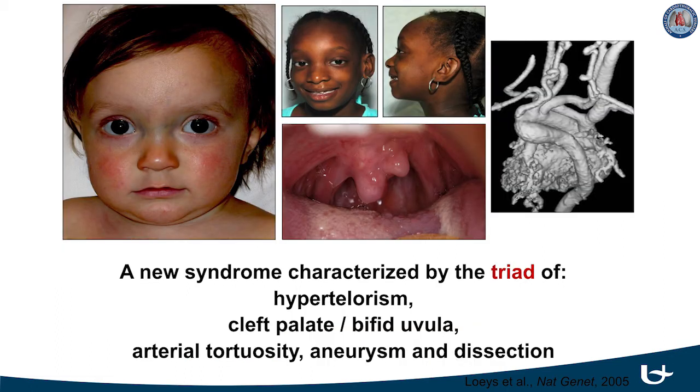Loeys-Dietz syndrome was initially described as a syndrome characterized by a typical triad of hypertelorism or widely spaced eyes, cleft palate or bifid uvula, and a bifid uvula should be considered as a minimal expression of cleft palate, in association with arterial tortuosity, aortic aneurysm, and dissection.